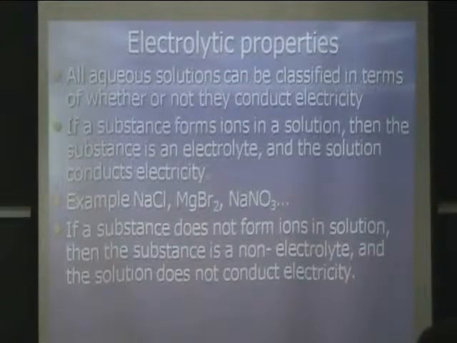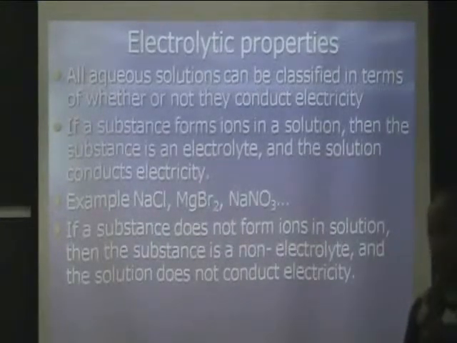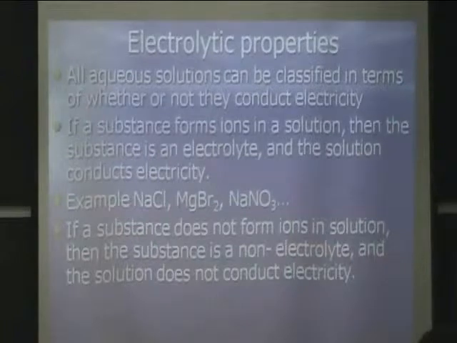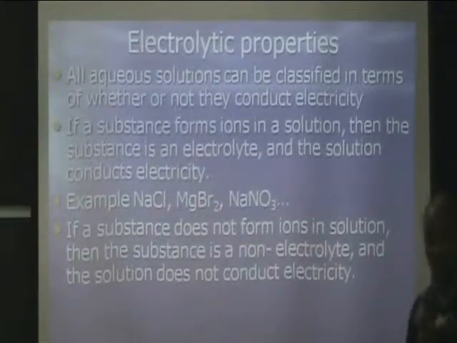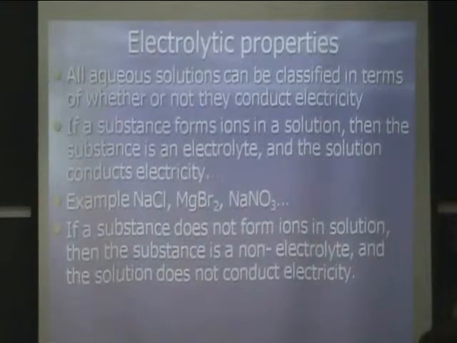Yes, it's an ionic substance dissolved in water, and it has to form ions. It has to form a positively charged ion and a negatively charged ion. We call that an electrolyte because it can conduct electricity because of the two different ions we have.